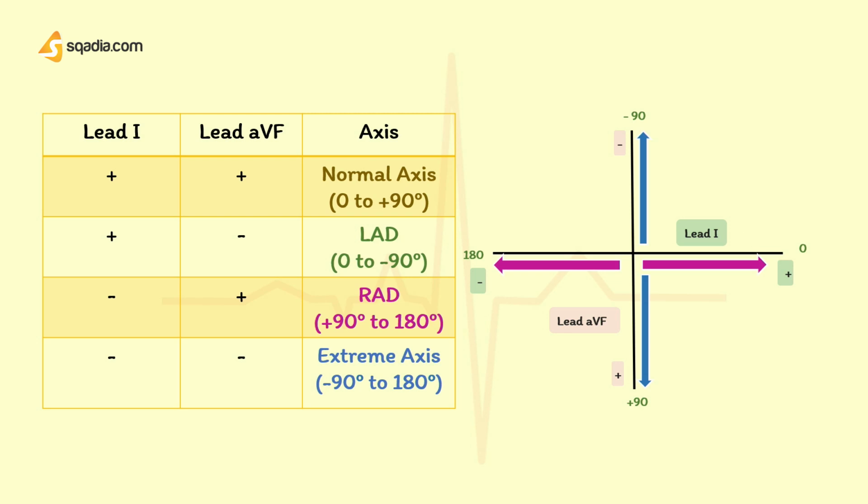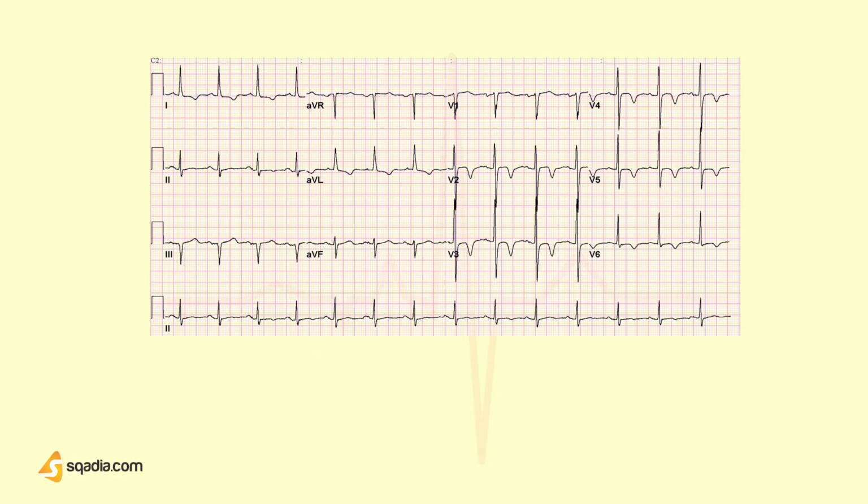If lead 1 is negative and lead AVF is positive, this will lie between positive 90 to 180 degrees and a right axis deviation will be seen. And if both leads 1 and lead AVF are negative, this is an extreme axis and lies between negative 90 to 180 degrees.